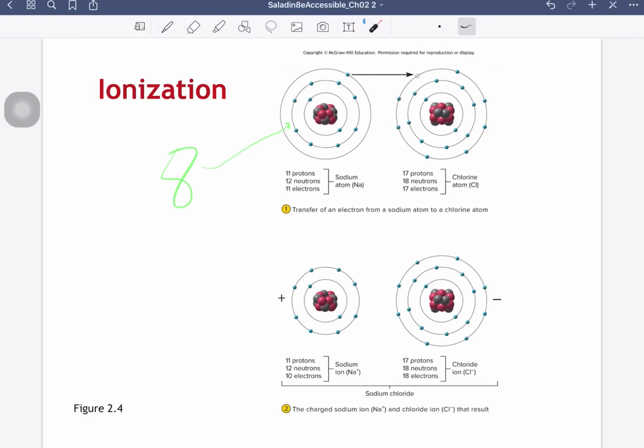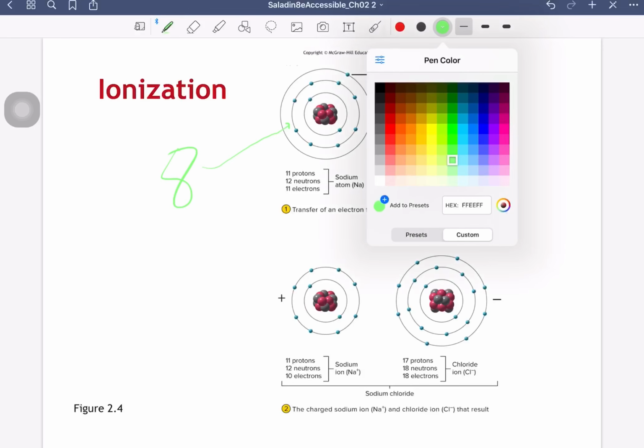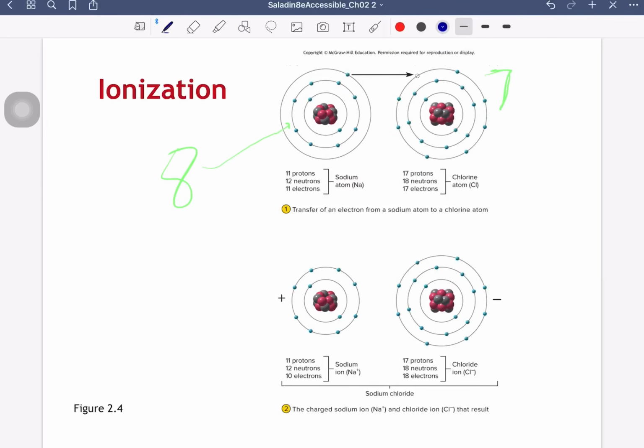It has 7 in its outer shell. Okay, so now we have this case where we have sodium with just 1 electron in its outer shell. Here, with chlorine, there are 7 in the outer shell.